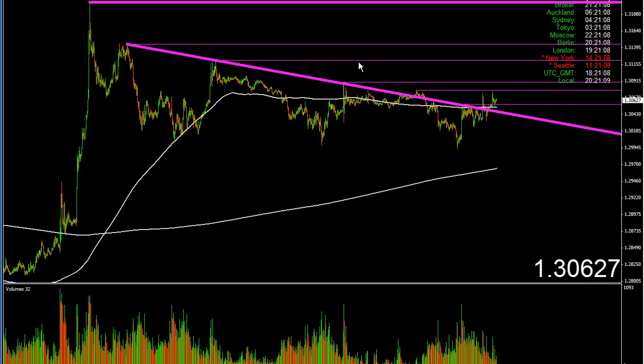The bigger targets could be 131.21 and 131.44, and the main target maybe for this week should be 132.05 for the euro.